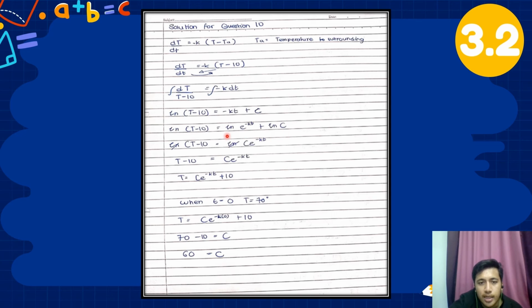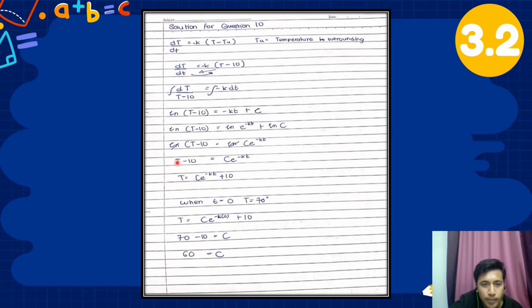For the exponent, the negative kt is the power, like the logarithm concept. After that, we cancel both ln, so it will be easier for us to solve.